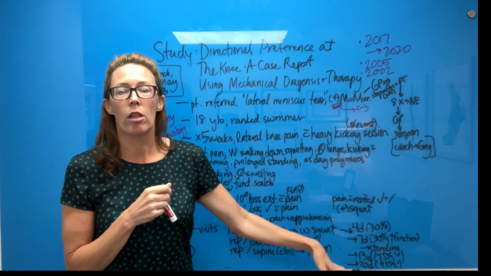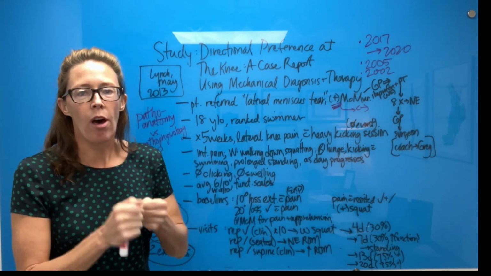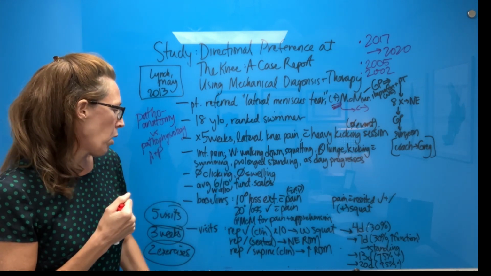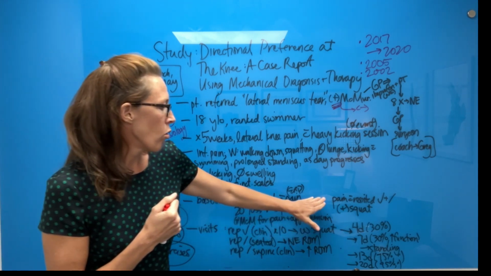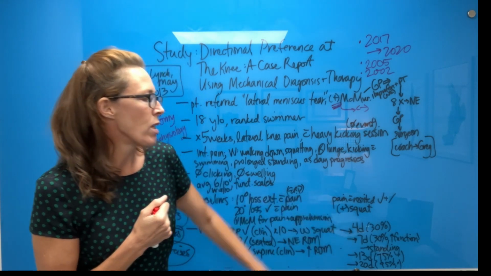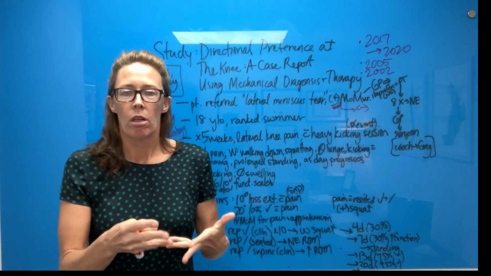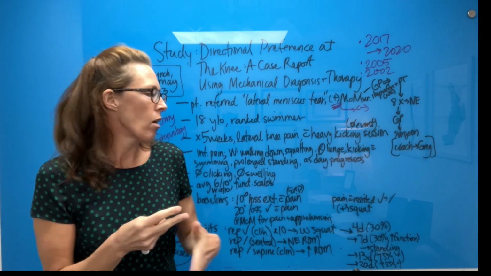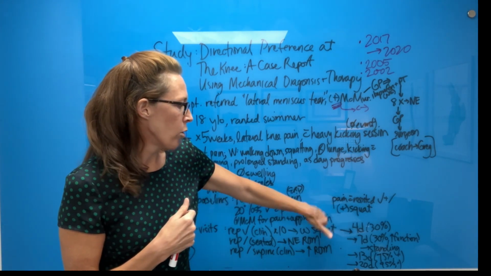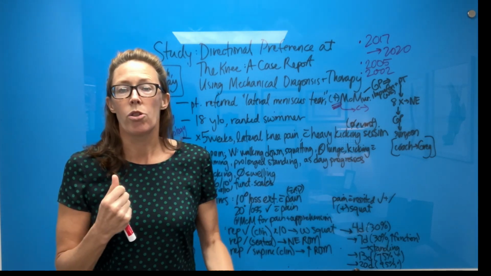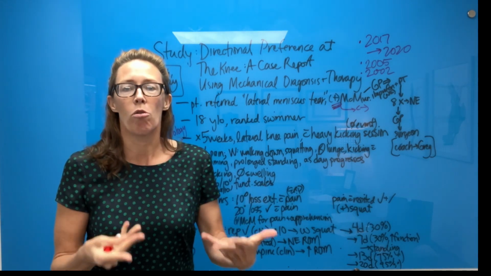So again, not for clicking or thunking or thudding or clunking of the knee, but for pain and apprehension on the patient's part. They also looked at resisted flexion and extension of the knee, which is just a typical kind of MMT, manual muscle test of the knee. It was painful, and she reproduced her pain with a squat, which is something I would call functional baseline.